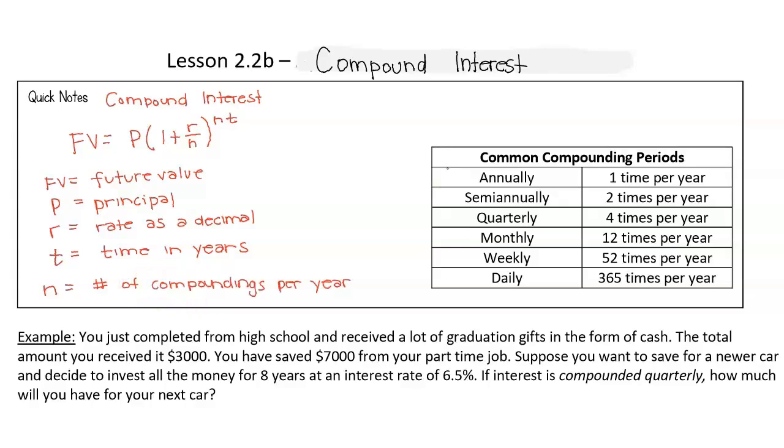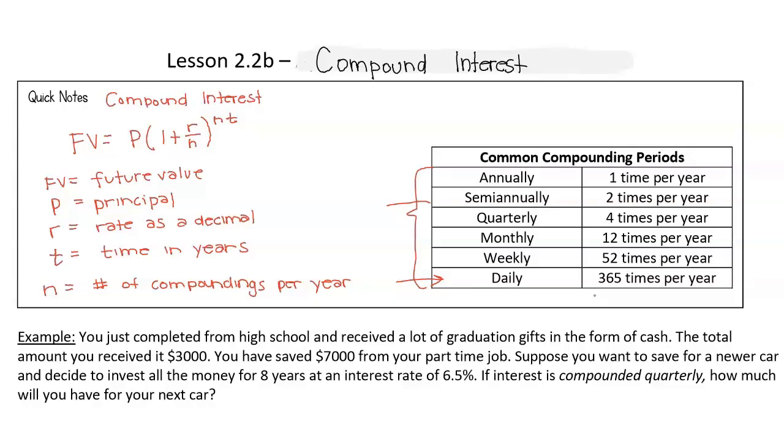We'll use this table here to the right to determine what little n is. For example, if a problem says it was semi-annually, like the problem that we did on the previous page, little n will be 2. Or if the compounding is daily, then little n will be 365.